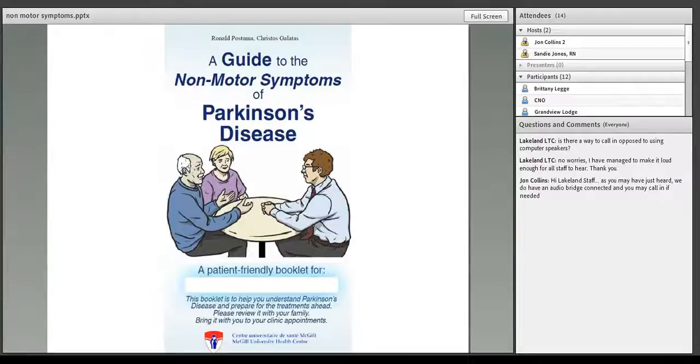However, non-motor symptoms have, particularly within the last 5 to 6 years, become increasingly recognized, are often more disabling than the motor symptoms, and definitely have a very negative effect on the quality of life of people with Parkinson's.